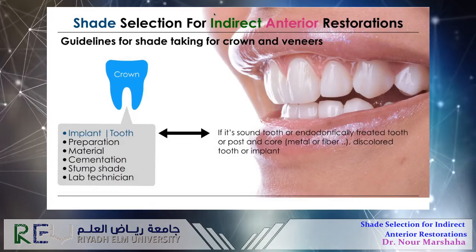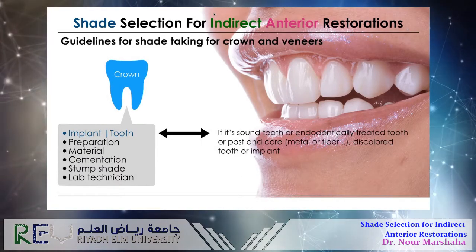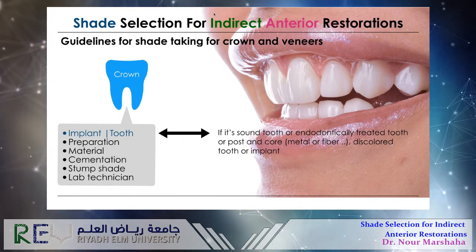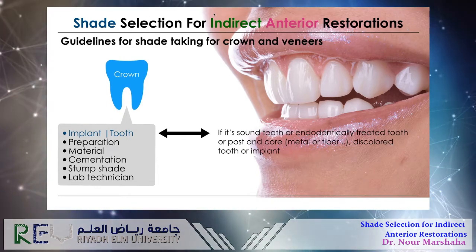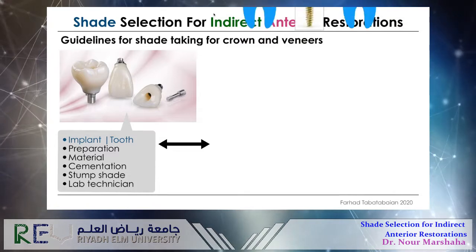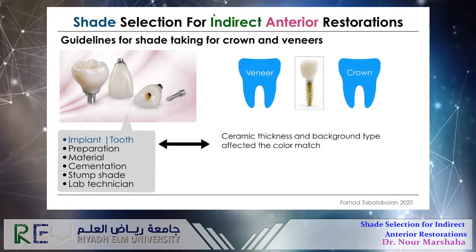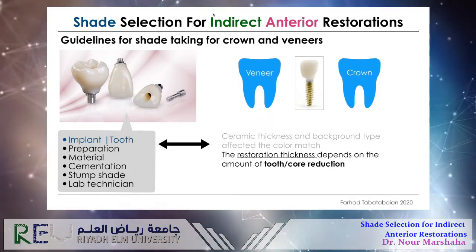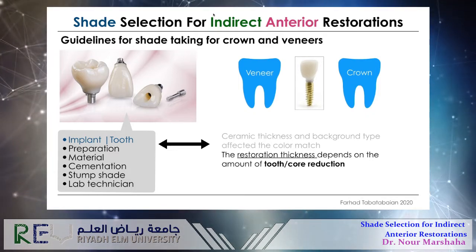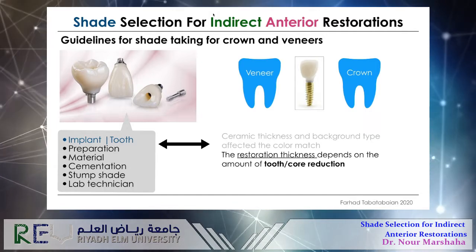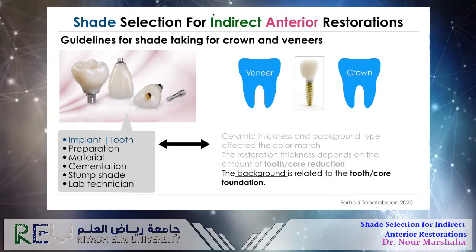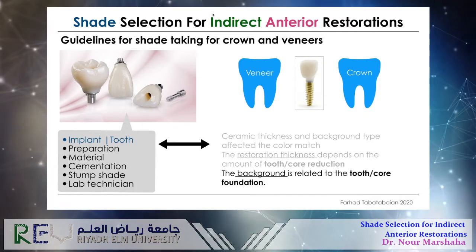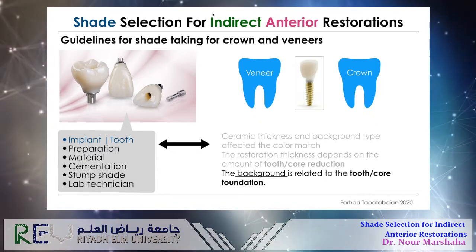If it's a sound tooth or an endodontically treated tooth, we have to know the stump shade and the core that we have to use for the crown. Ceramic thickness and background type affect the color match. The restoration thickness depends on the amount of tooth reduction. The background is related to the tooth core foundation.